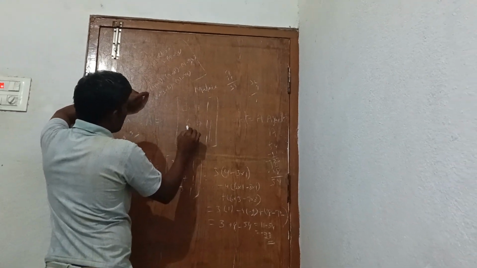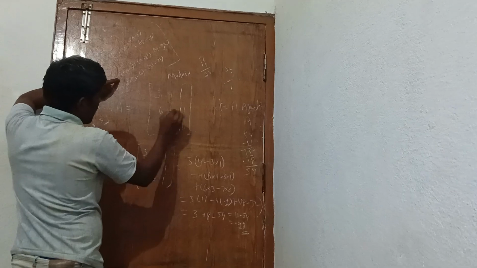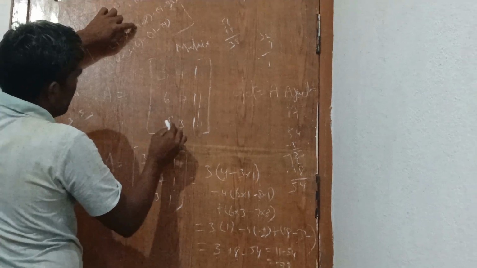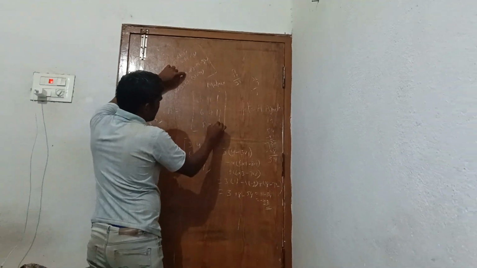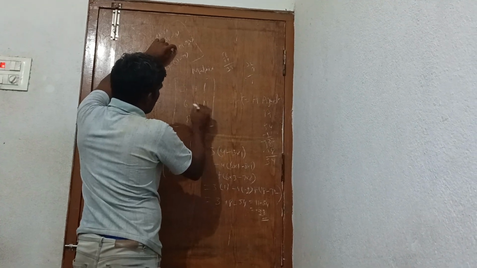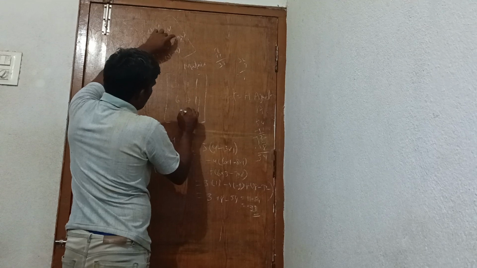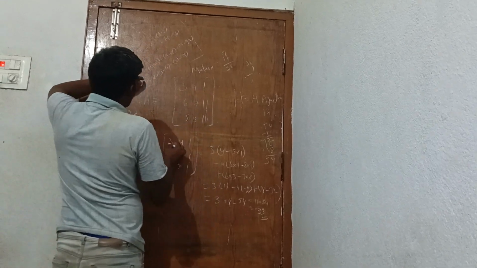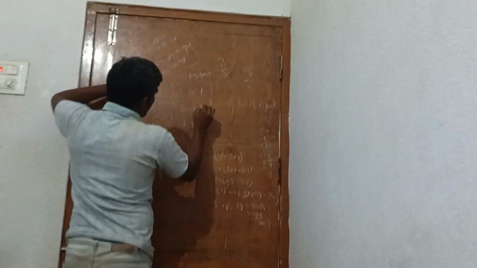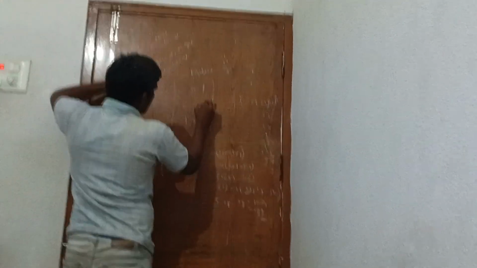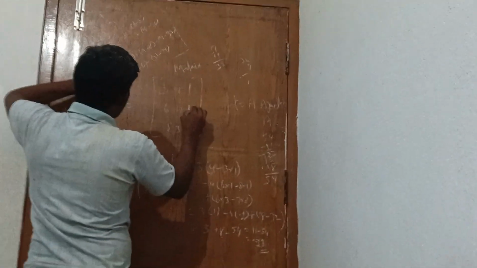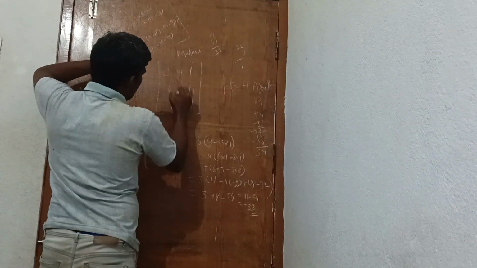Next one second line minus this is cancel 4 1 4 3 next one plus symbol 3 1 3 8 next one minus symbol this is cancel 2 3 8 next one this is cancel 7 4 7 minus symbol plus symbol 7 4 minus 3 into 3 is cancel.